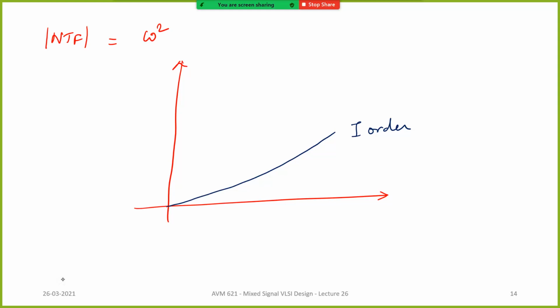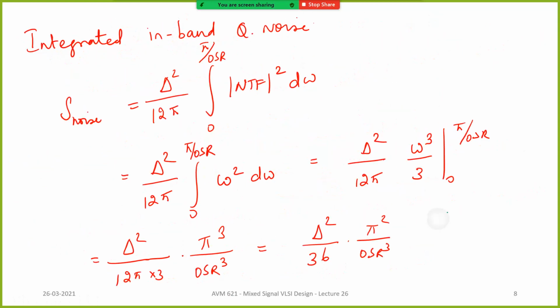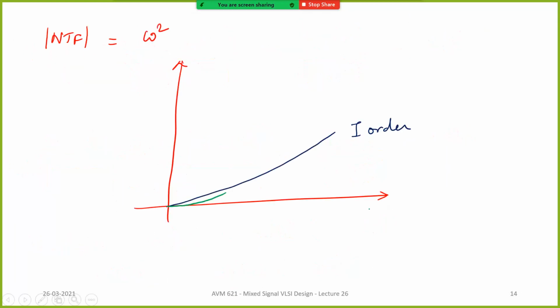Actually, sorry, I've been drawing some kind of curves. If you take this, it's actually a straight line, right? But of course, this is valid only at low frequency. So here it will be straight, and then it will have some kind of a curve. That curve is there because the approximation that sine of omega by 2 is equal to omega by 2 is valid only for lower frequencies, and it does not hold up for higher frequencies. So which is why you have that little curve happening, okay?